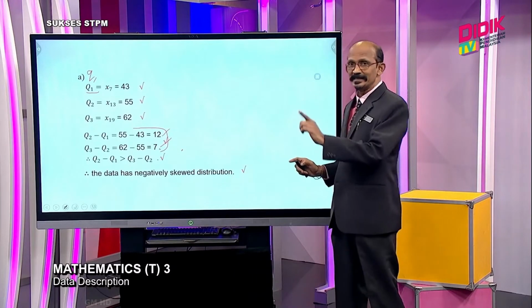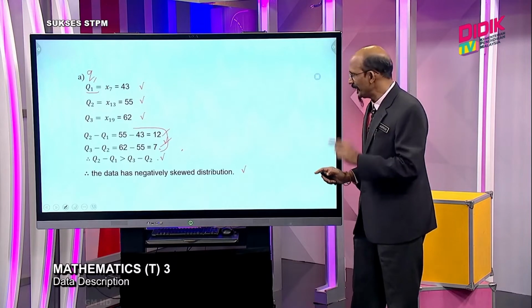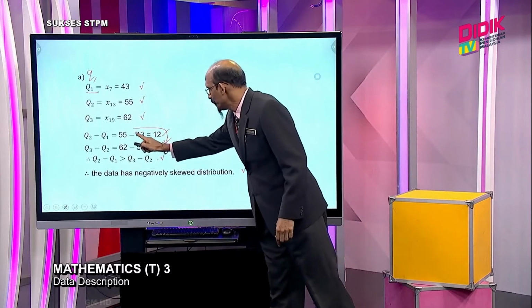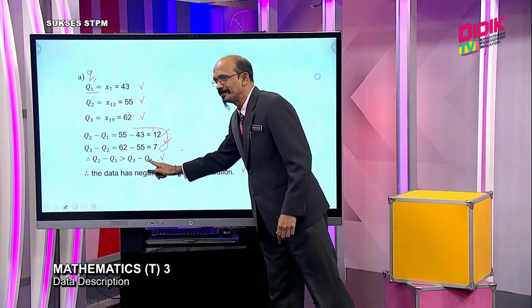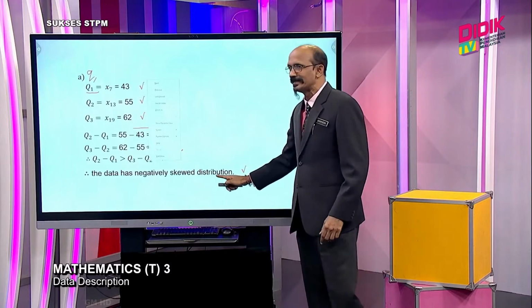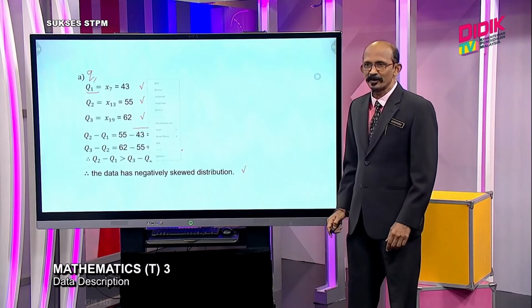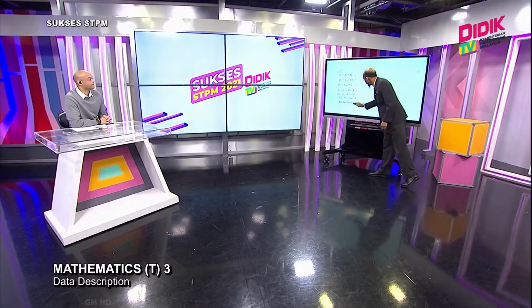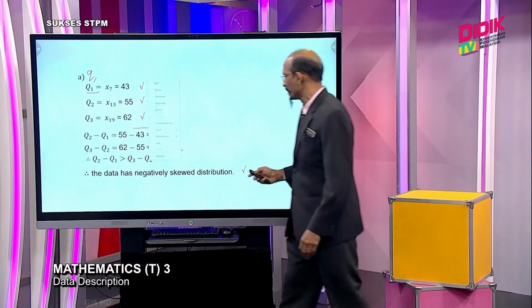If they never do this, and they straightforwardly give the correct answer, negatively skewed, then the mark will be 0. So the working is more important, the method of obtaining your answer, given with the reason.